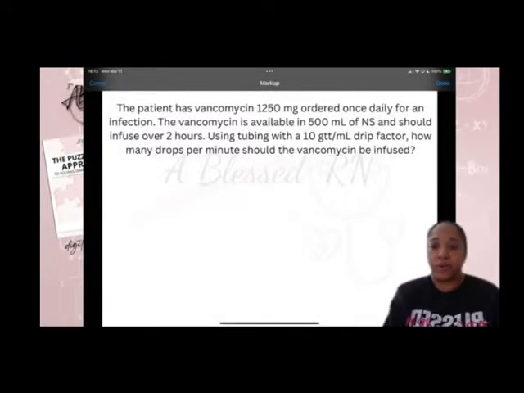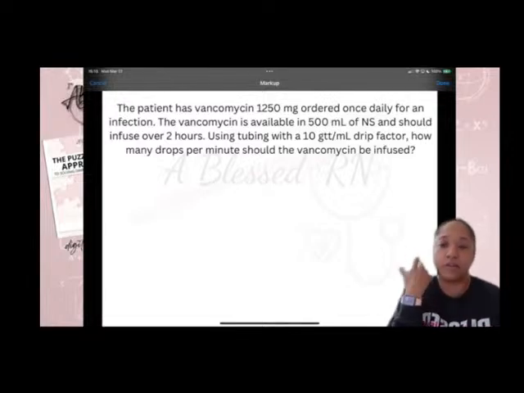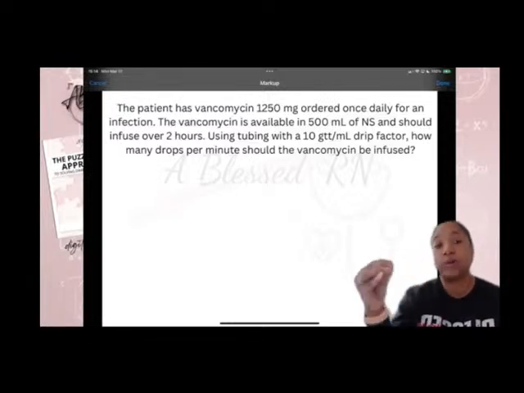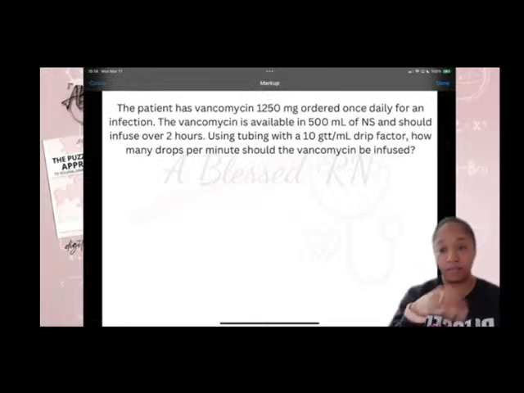So remember, if you have an IV, you have two ways to give it. One is on a pump, and then one is via gravity, okay? Either way, you're looking for volume over time.